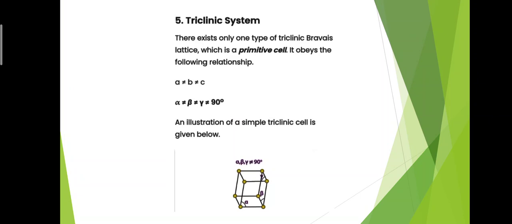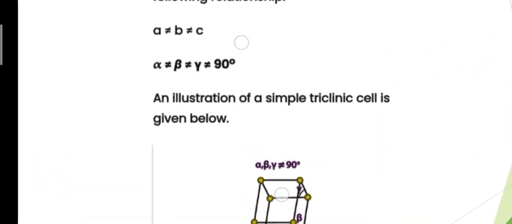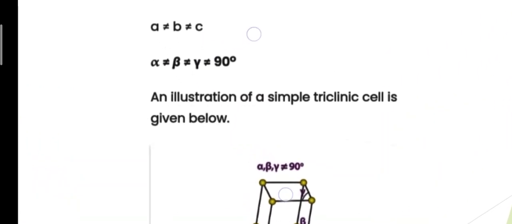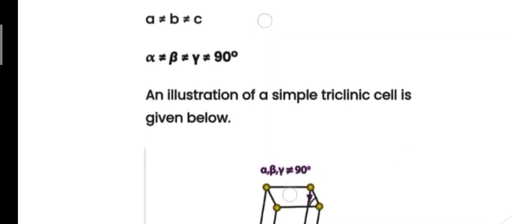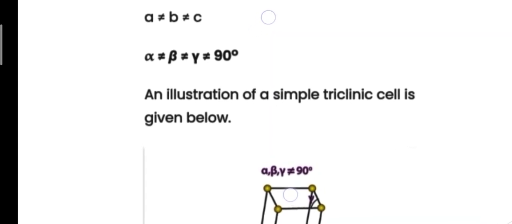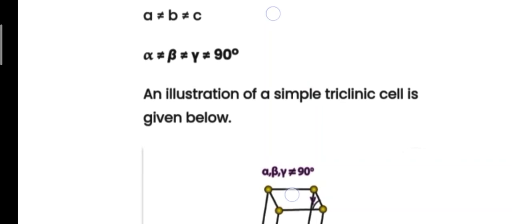Triclinic system. There exists only one type of triclinic Bravais lattice, which is a primitive cell. It obeys the following relationship. A is not equal to B is not equal to C, and alpha is not equal to beta is not equal to gamma and is not equal to 90 degree.